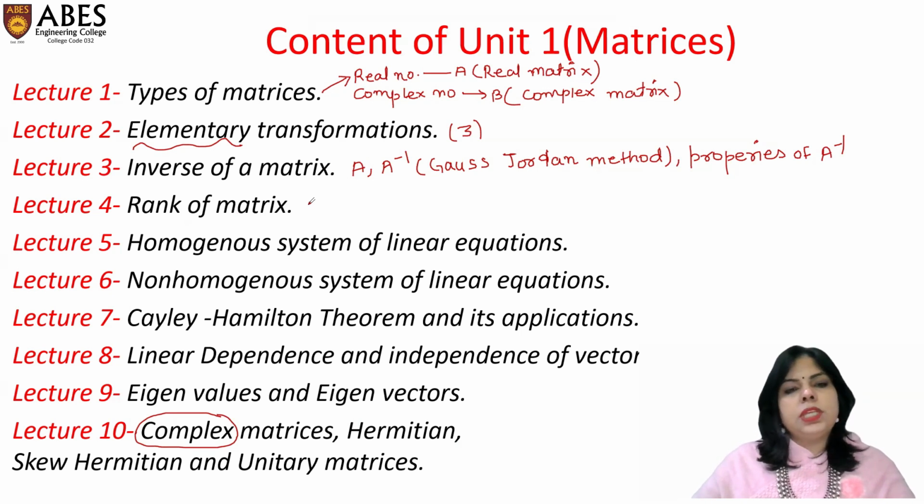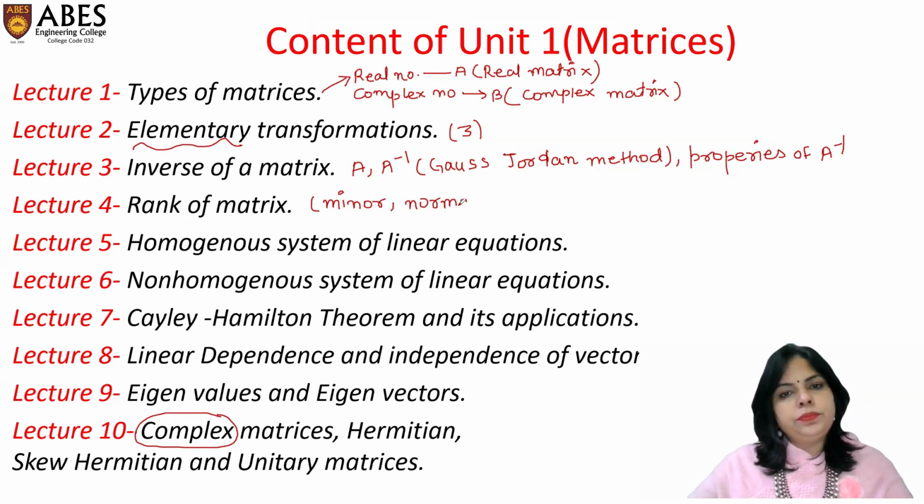First of all, we'll discuss the definition of rank, then the methods to find the rank. We have three methods. The first one is the minor method to find the rank of a matrix. The second one is called the normal form method or canonical form method. And the third one is called the echelon form method.